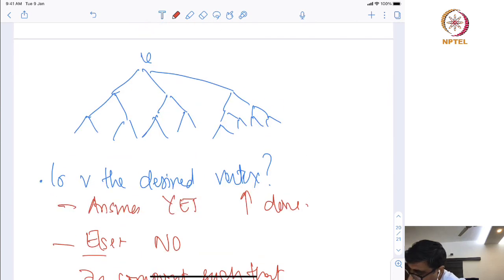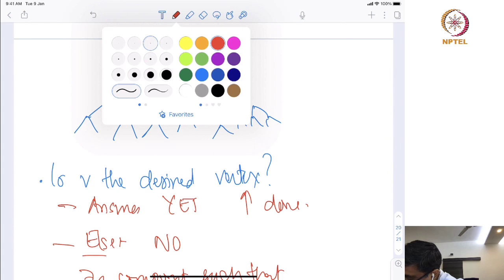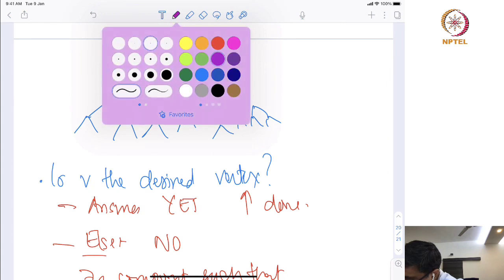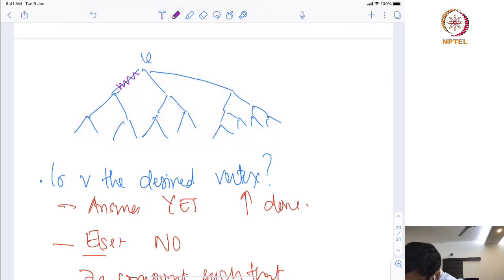So, if I delete v, what are the components? This is going to be one component, this is going to be one component, this is going to be one component.